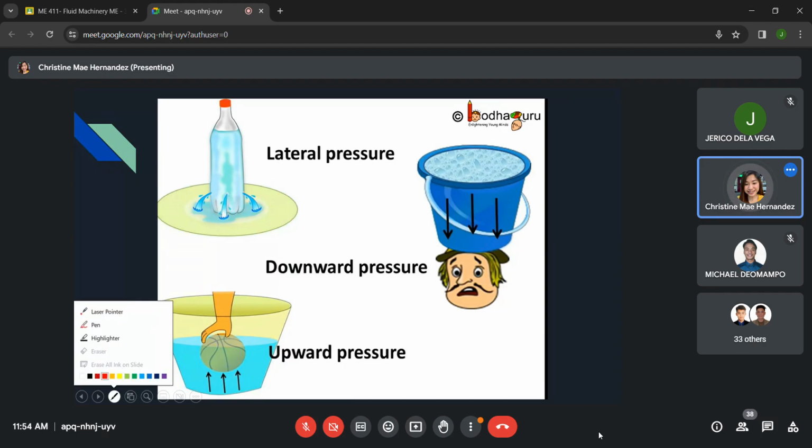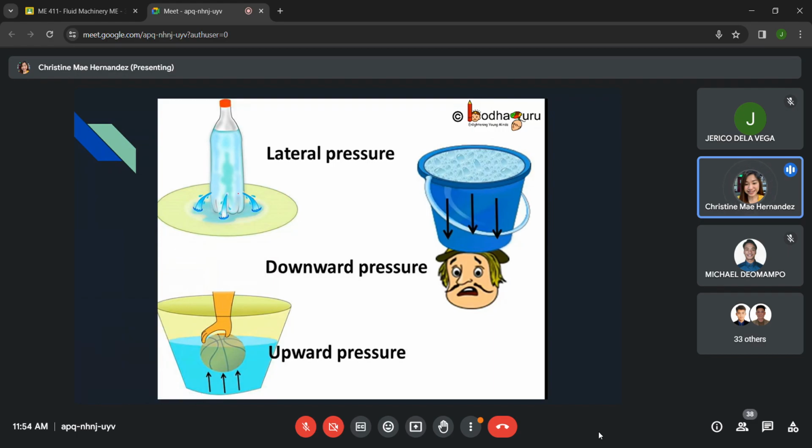Nasaan na yung ating pen? Dito, may depth tayo na dito natin binutasan yung ating water bottle na may water. Then meron distance. Nakaka-capture ba? Nagda-drawing ako, guys.